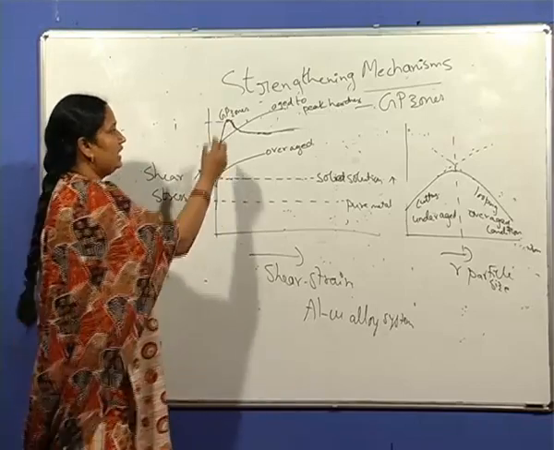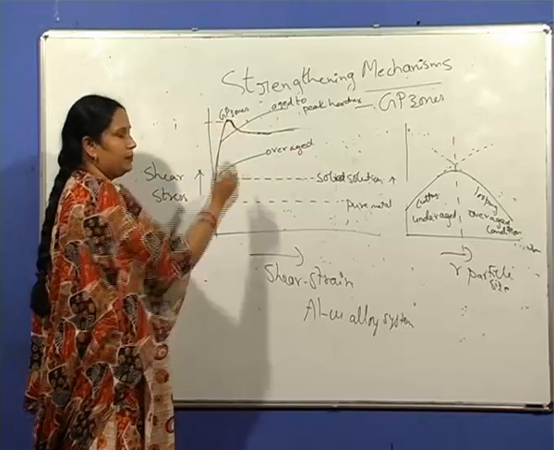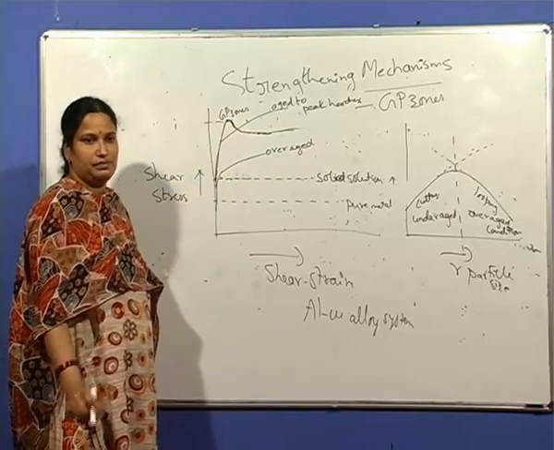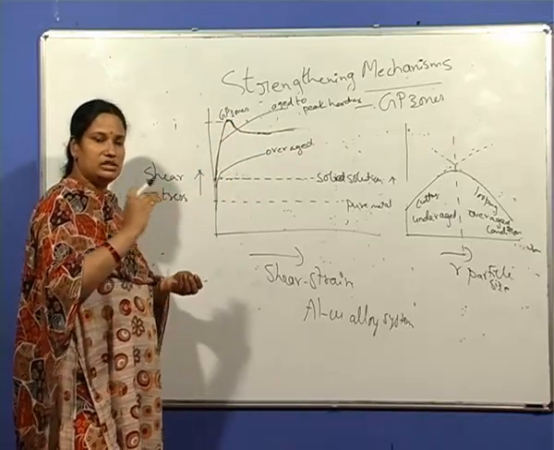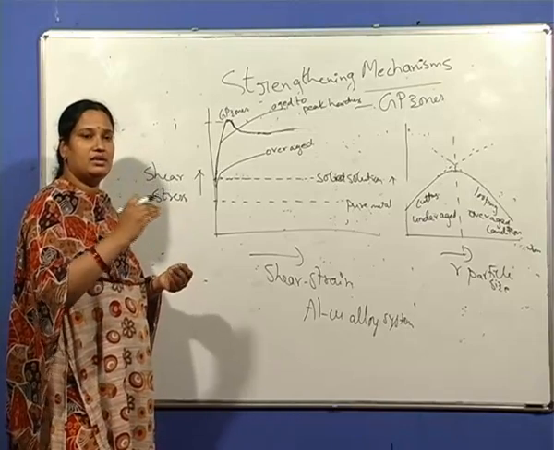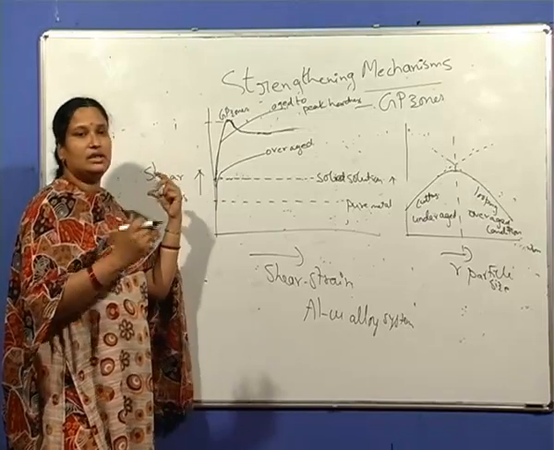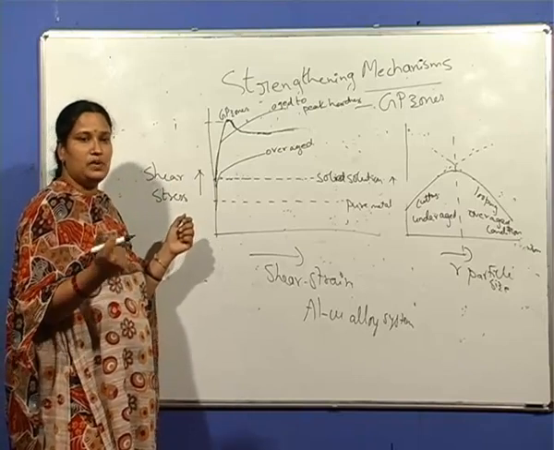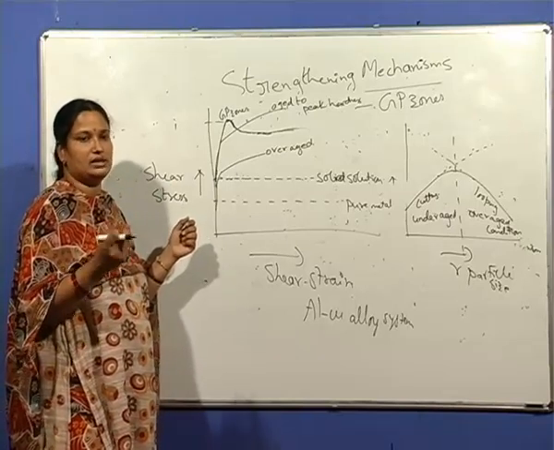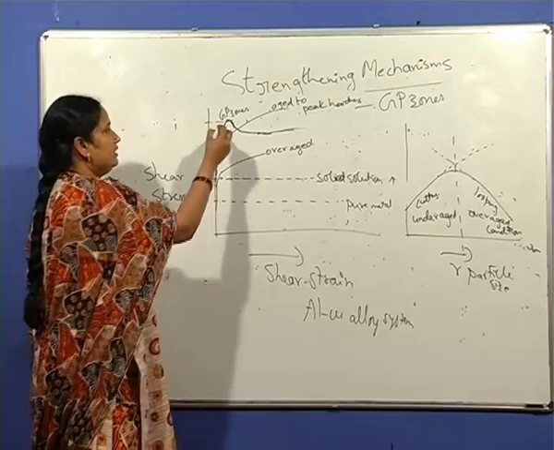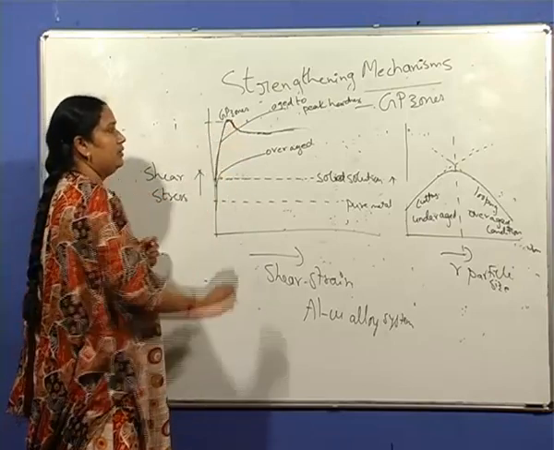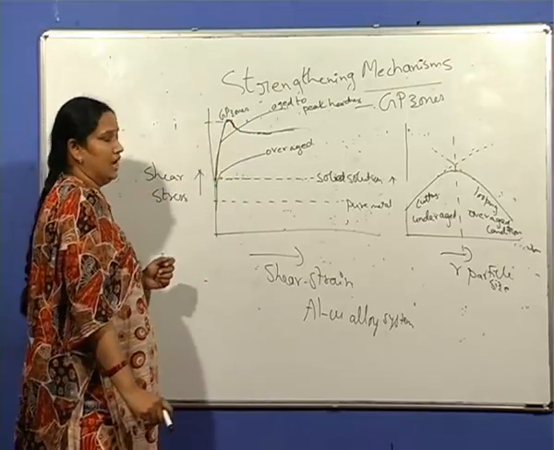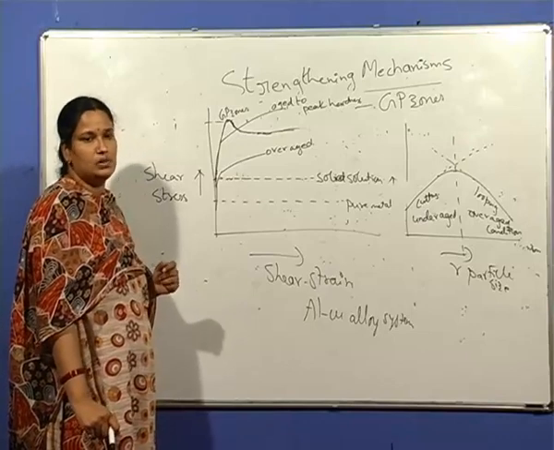Once the cutting operates, there is a drop in the stress because the dislocations cut these particles. So once the cutting operation starts, there is a slight drop in the yield stress and the rate of strain hardening is low.